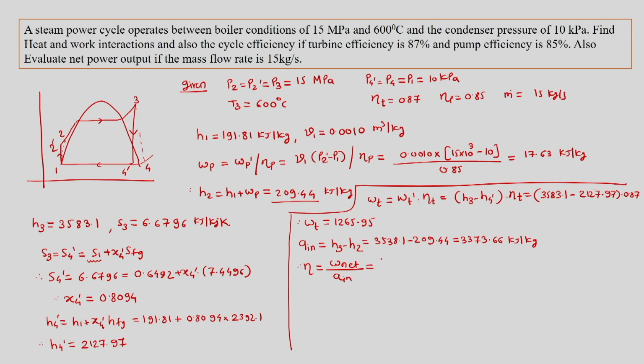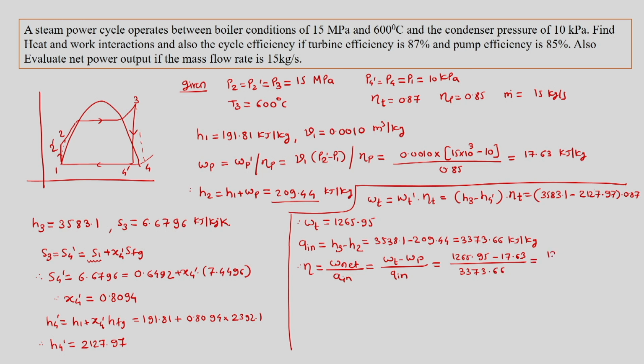So W net is WT minus WP, divided by Q in, and this gives us W net first as 1265.95, which is turbine work, minus pump work, which is 17.63, divided by 3373.66.